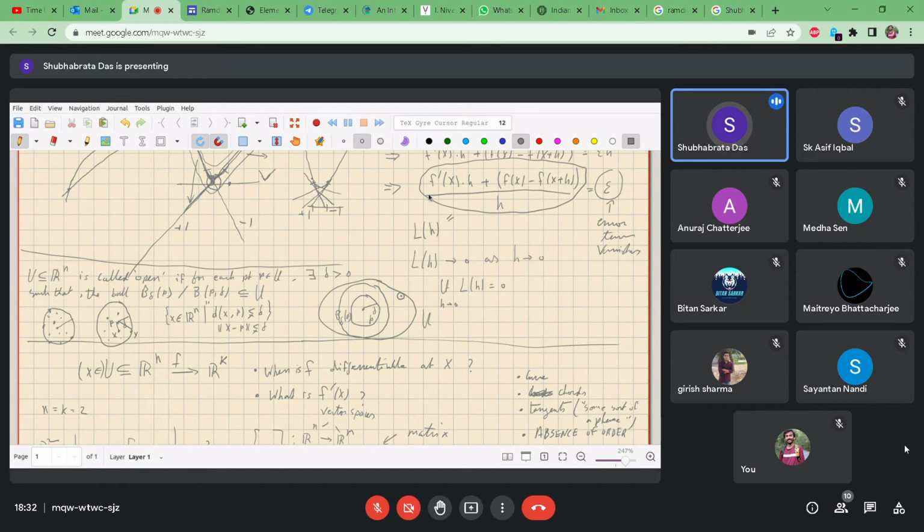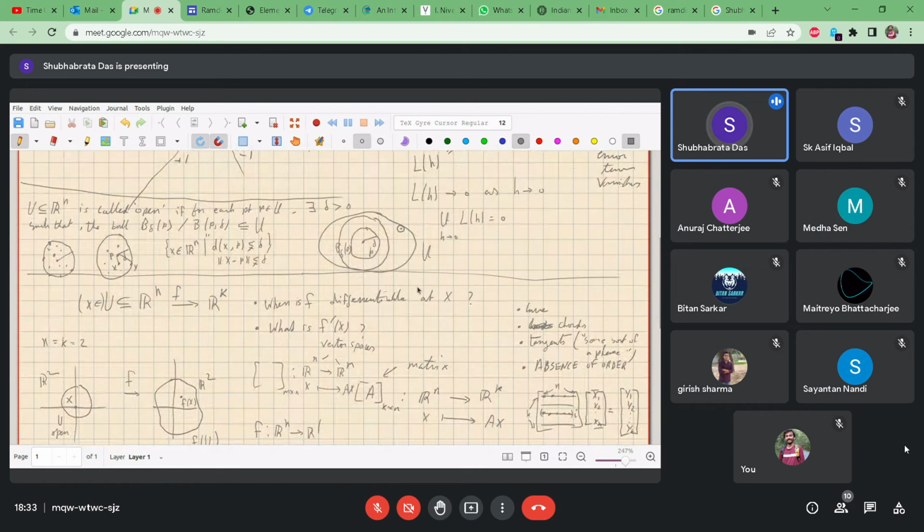It is similar, but you have to understand what kind of an object f prime x is supposed to be. If we have to extend this definition in this case, firstly, what would be the definition, and in that definition, what is this quantity? So think about these things, and reference books.